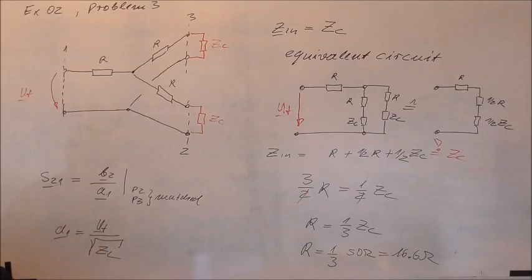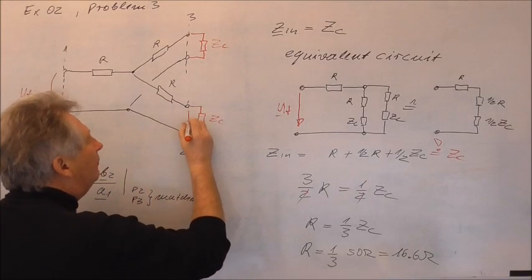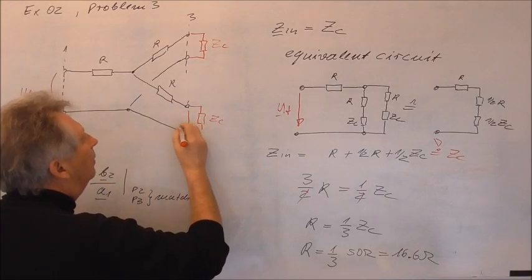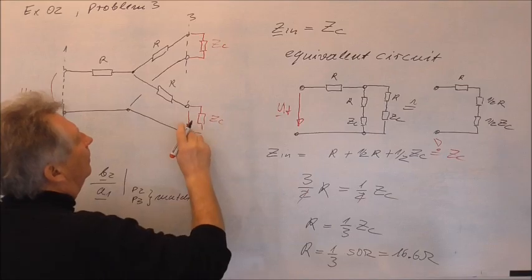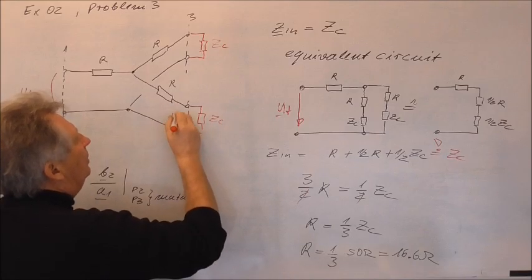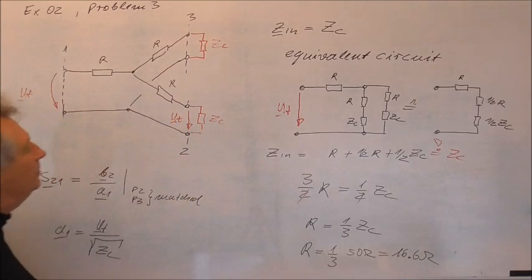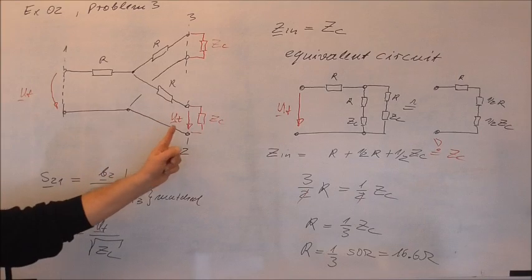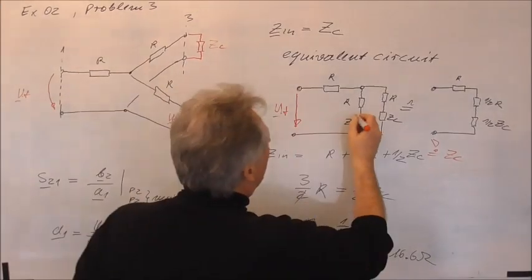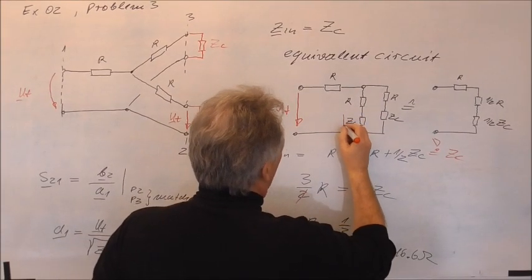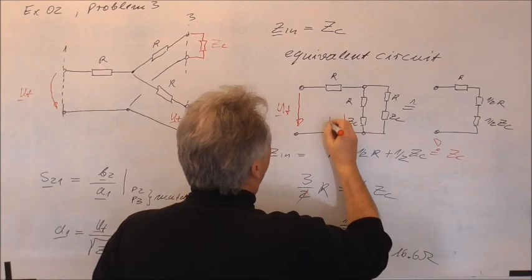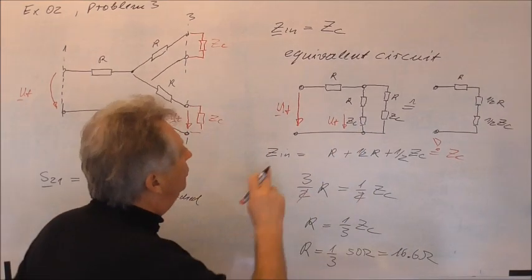And then of course we will have here a transmitted wave amplitude I call UT, small t. This is a transmitted wave amplitude.